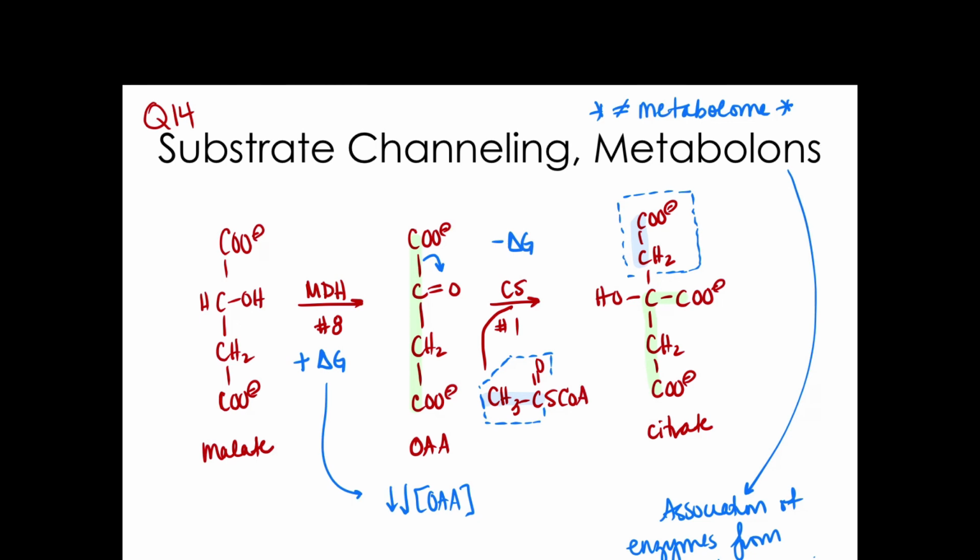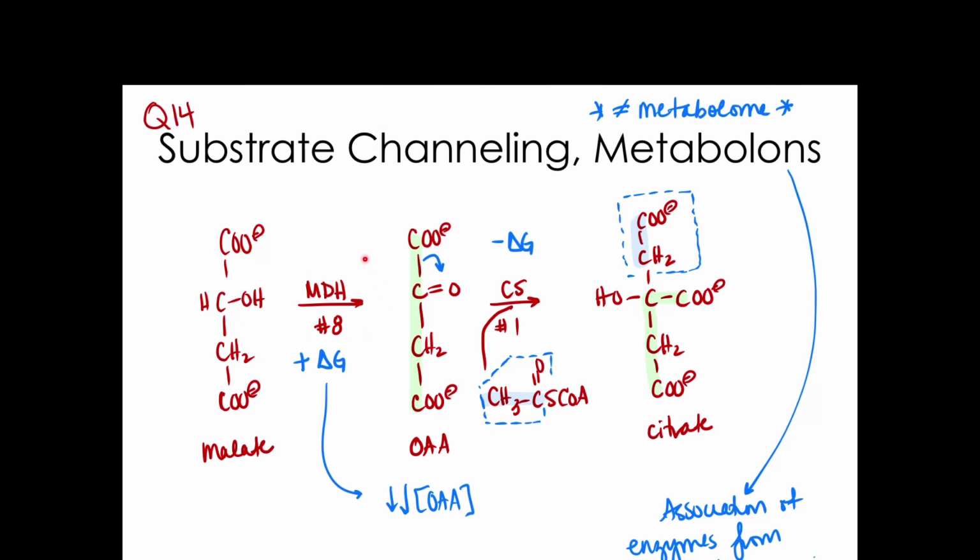Okay, so if we have citrate synthase that has a large negative delta G, kind of non-covalently associating very close to malate dehydrogenase, the tiny little squirt of oxaloacetate that can appear in the enzyme active site can be channeled easily over to the active site of citrate synthase, which, because of its large negative delta G, can quickly assemble that into citrate and then wait for the next little squirt of oxaloacetate to come out.